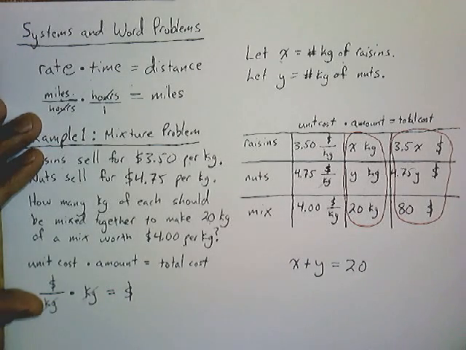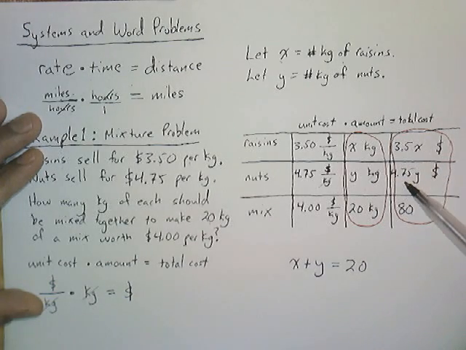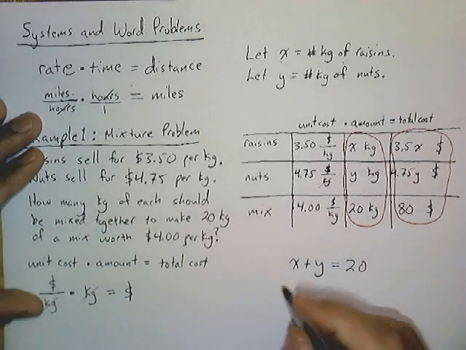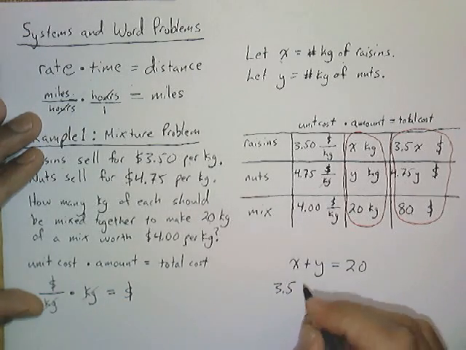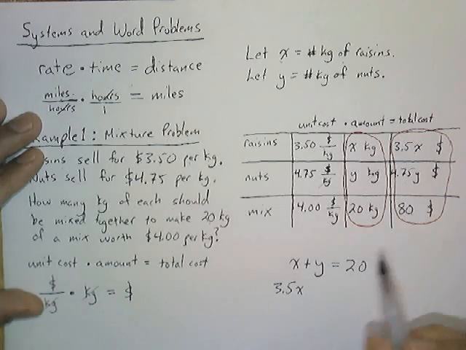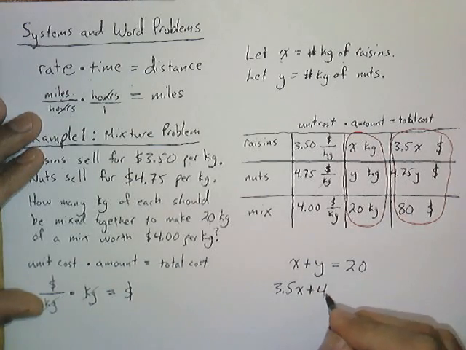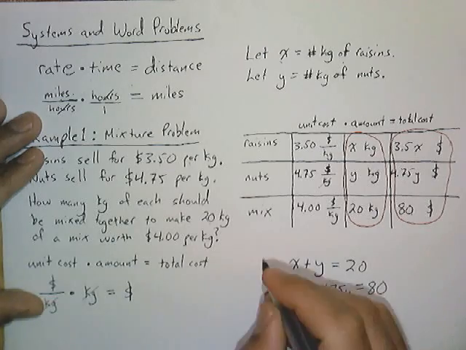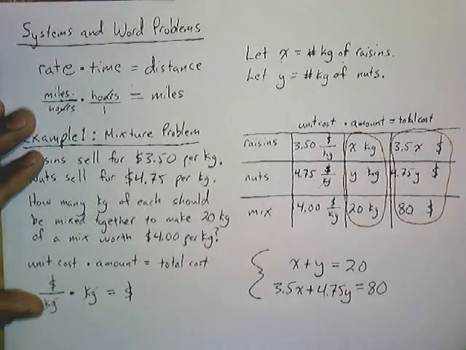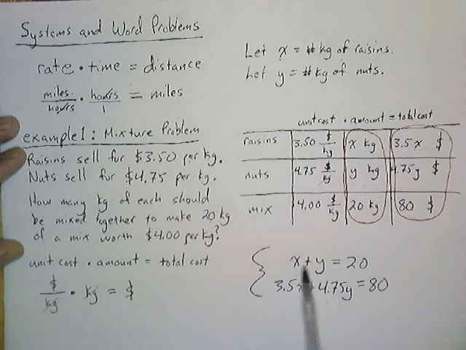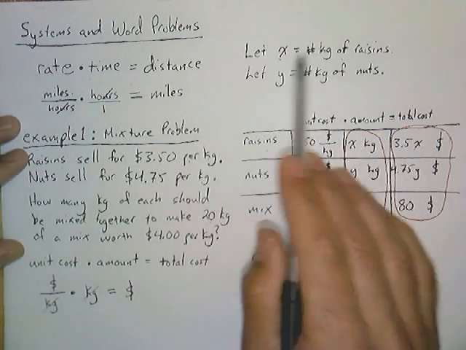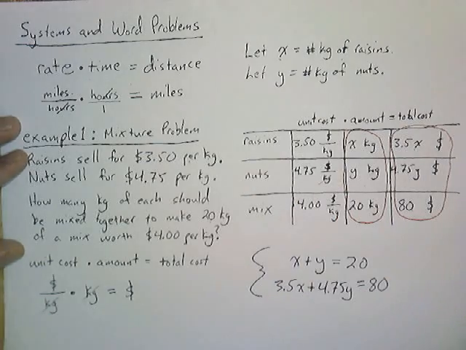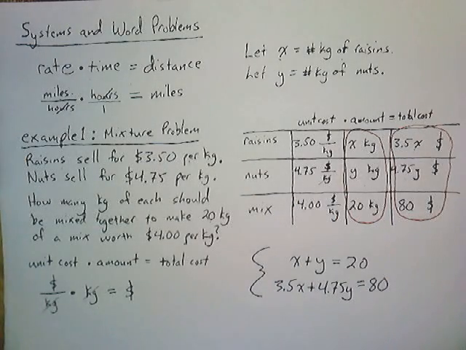But then also, the total cost of the mixture has to come from the total cost of the raisins and the total cost of the nuts. So we also have 3.5X, that's the cost of the raisins, plus 4.75Y, that's the cost of the nuts. That should equal a total of $80. And therefore we now have a system of equations which we can solve to figure out what X and Y are, because that's exactly what we were looking for: the number of kilograms of raisins and the number of kilograms of nuts. And I'll just leave that as an exercise.